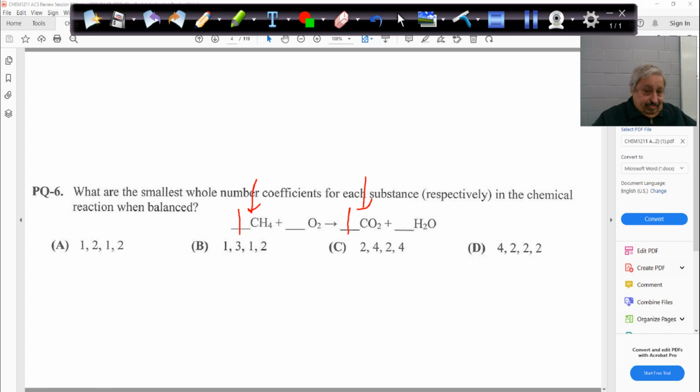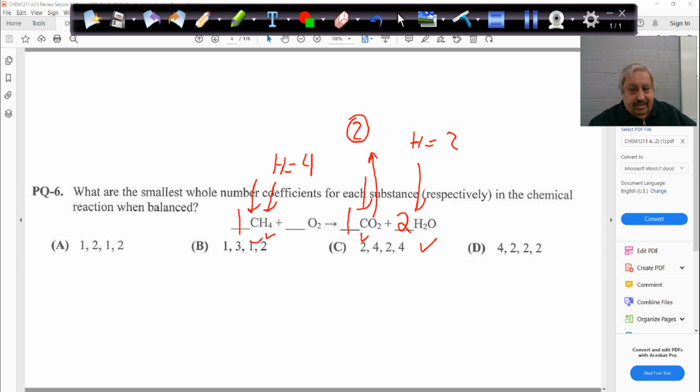Hydrogen is 4. Here hydrogen is 2. So what should I do here in front? 2. So hydrogen is good, and carbon is good. Only problem is with oxygen. How many oxygen do we have here? 2, correct?